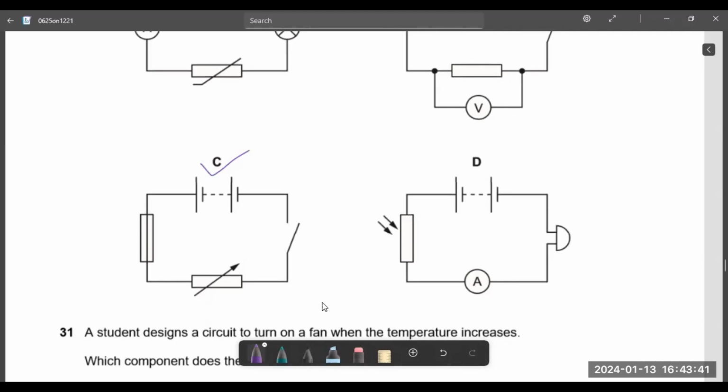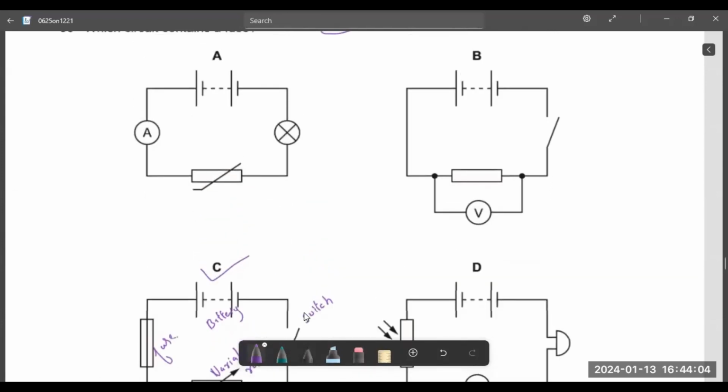Here this is actually battery. Battery is there. Fuse is there. Potentiometer or variable resistor is there. This is one switch. And all diagrams we will see. This is battery. This is the symbol for lamp. This is for ammeter.